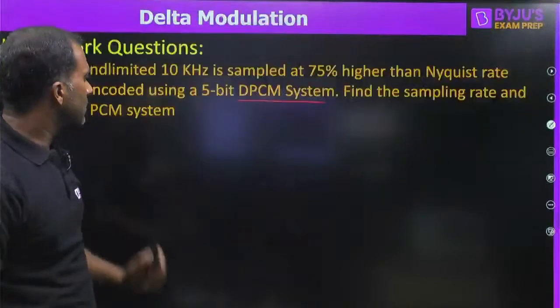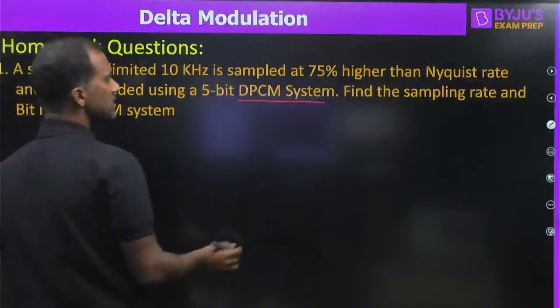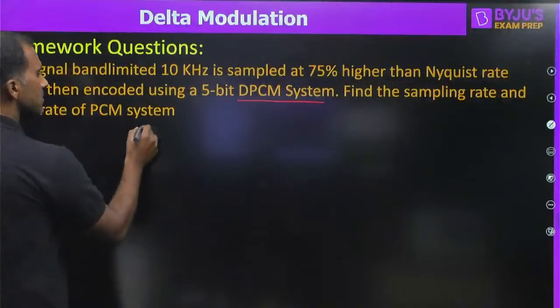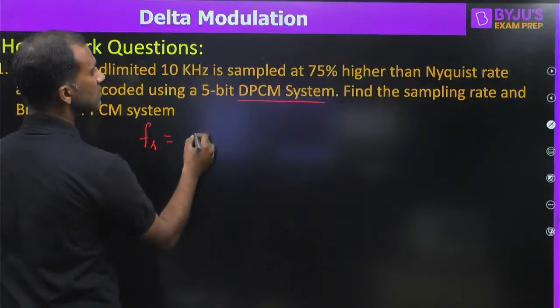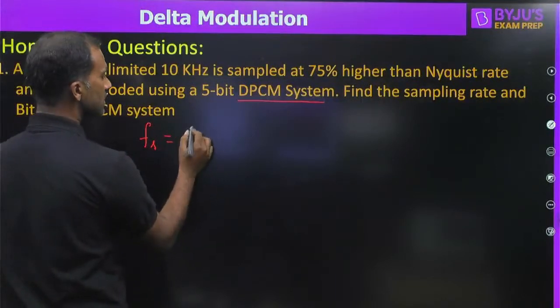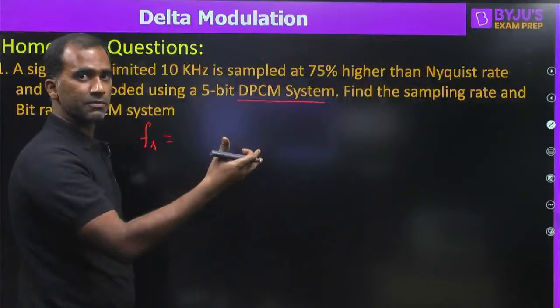Right, so coming back to the question, now it becomes a simple question since we know the bit rate of DPCM system. So let us calculate sampling rate. How much is that? Sampling rate is equal to 75% higher than Nyquist rate. Original Nyquist rate is 100% if you can think.